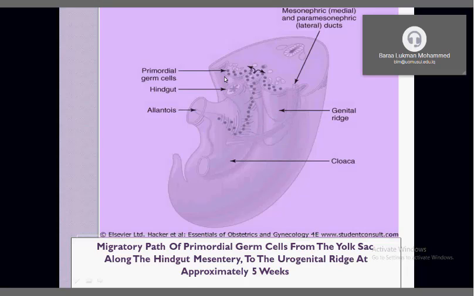This occurs about 5 to 6 weeks of development, and if this process fails to occur, the gonad will not develop. And this is one of the theories behind Turner syndrome. There is a gonad, but there is no germ cell in it.